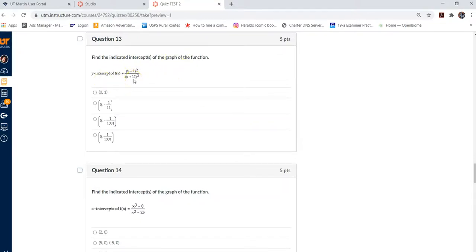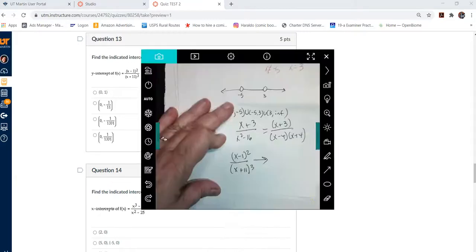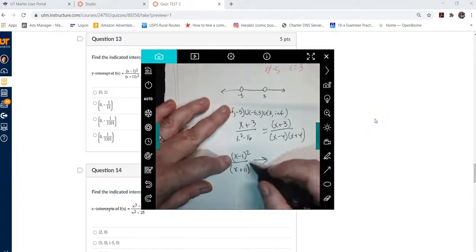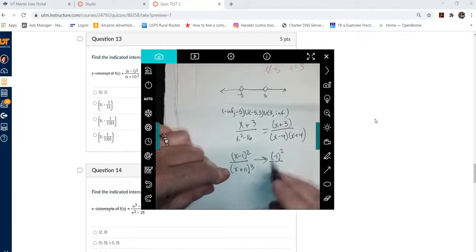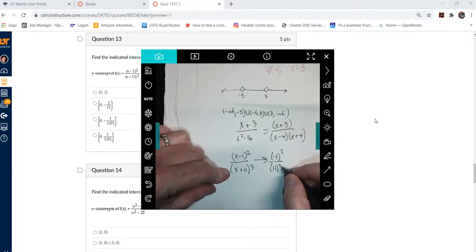Find the indicated intercepts, the Y-intercept. For the Y-intercept, you replace x with 0 and then see what you get. So I'm going to replace x with 0, so I get negative 1 squared in the top, and in the bottom I get 0 plus 11 cubed.